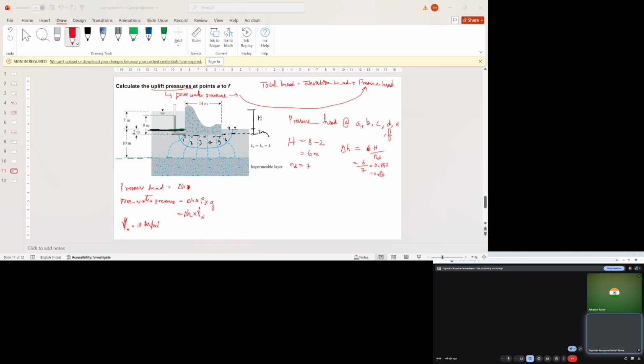See, this is the head loss, right? Actually, there is a small mistake here.